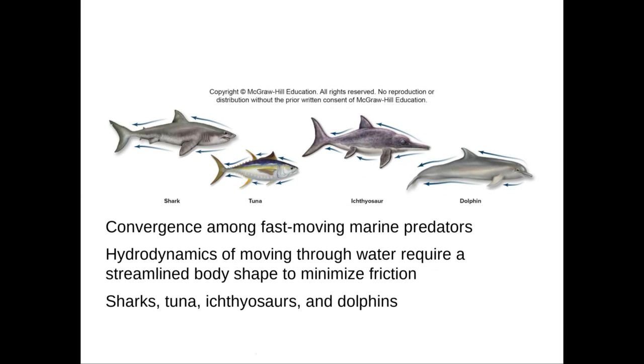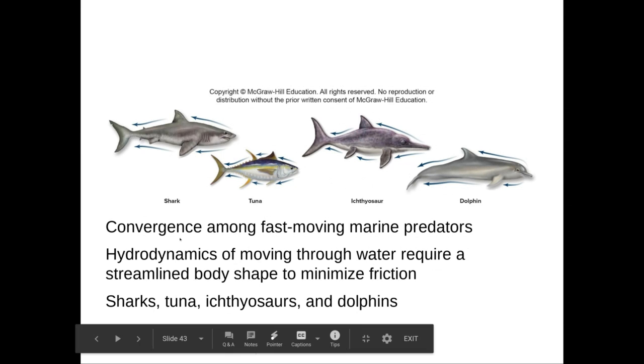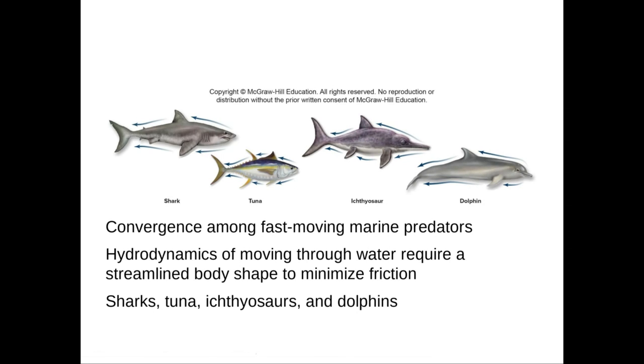Evolutionary speaking, they're very distantly related, but they all live in similar environments. They all do very similar things. So they all evolved a similar body plan that maximizes the hydrodynamics of moving through water. Again, similar body shapes, different evolutionary histories, different environments, but selecting for similar things because it helps you be a fast-moving marine predator. Again, really cool, right? I think it's really cool.